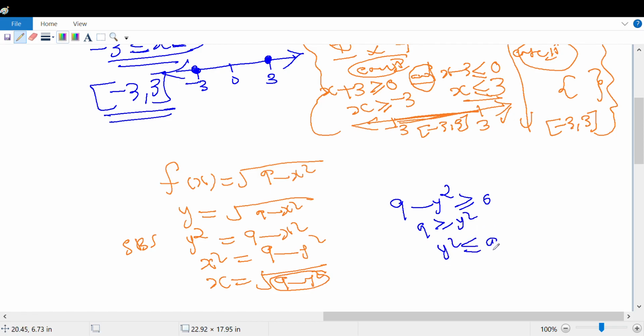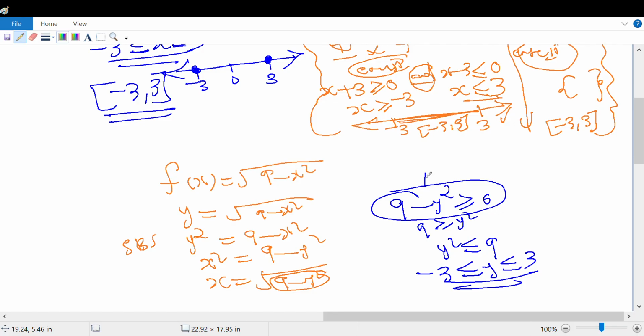And similarly, we will get the y values are in between, minus 3 less than or equal to y less than or equal to 3. And this process is similar to the same process, you can do it theoretically in a proof method. But already we have done this, you have already seen how this is working. So that's why I'm not repeating the same portion over here.